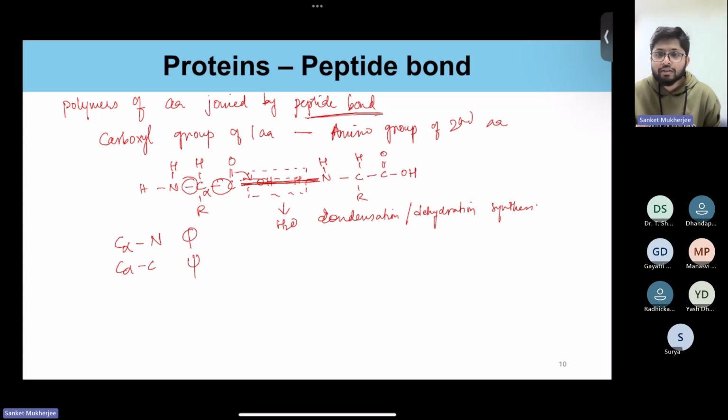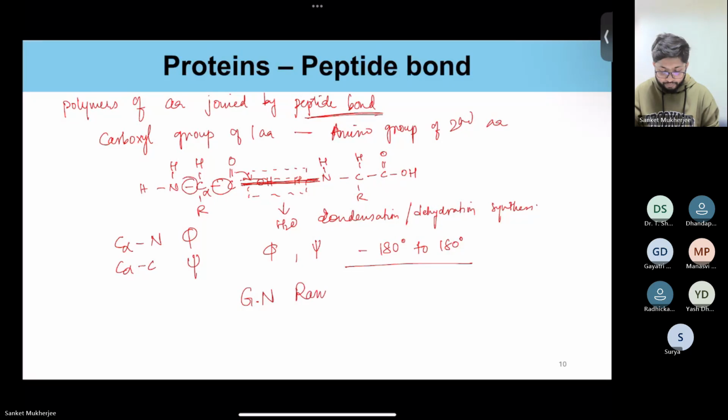Is all of this clear up to this point? Anybody could raise their hand, give a thumbs up, whatever. Yeah, cool. So these angles phi and psi can range from minus 180 degrees to 180 degrees, essentially. And based on this, a scientist named G.N. Ramachandran made something known as the Ramachandran plot.